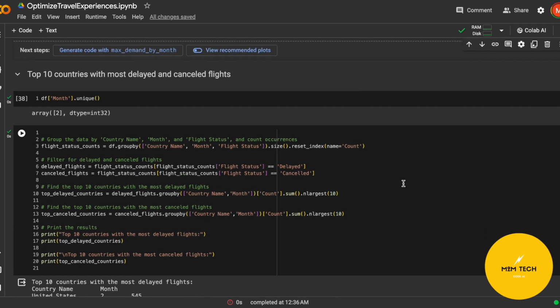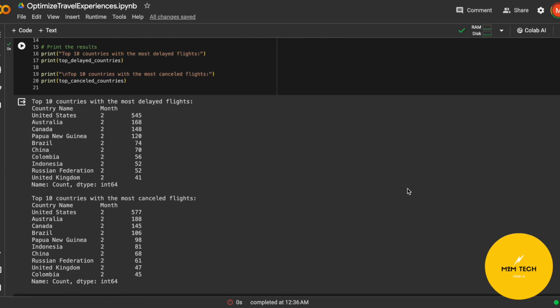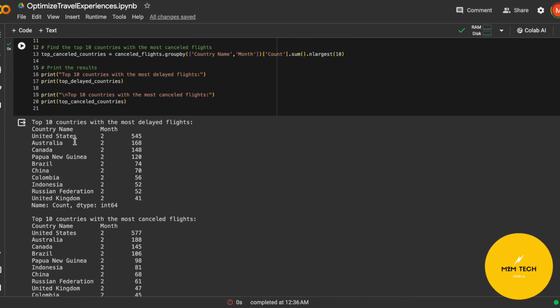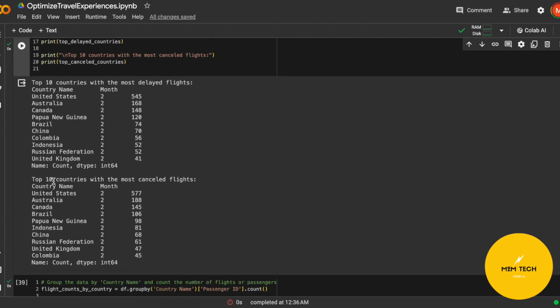I started off by looking at the top 10 countries which have the most delayed and cancelled flights, and it was the United States, which would naturally be true because we did have a lot of flights from the United States in the graph we saw above. So we have the most delayed and cancelled flights from the United States.